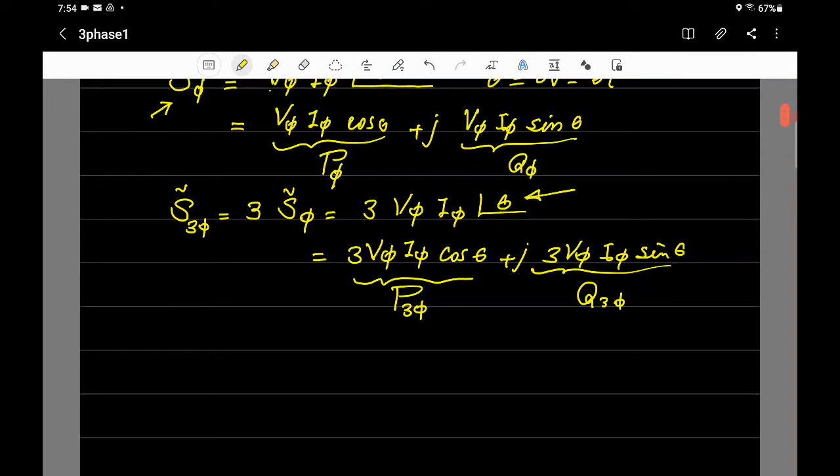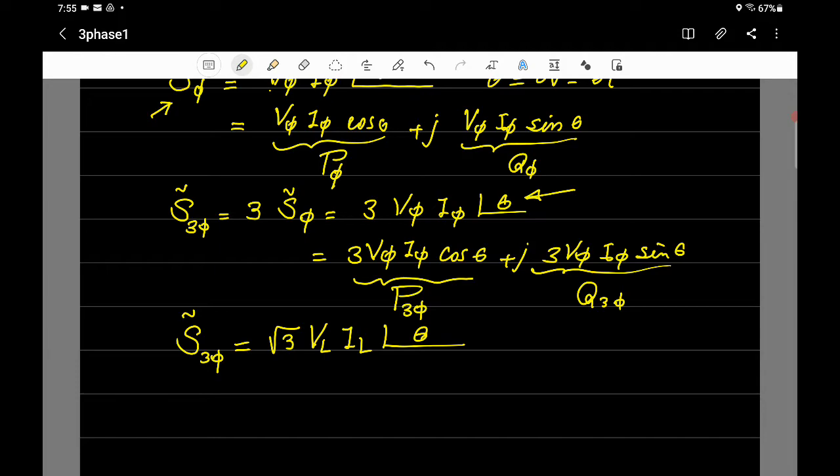Okay, easy. Well, somebody may ask, can I use the values of line voltage and line current? Yes, you can. If you want to do it, the complex power will be equal to, instead of multiplying 3 by V phi I phi, you will multiply square root of 3 times V line, I line magnitude, and the angle theta, the same angle used with phase.